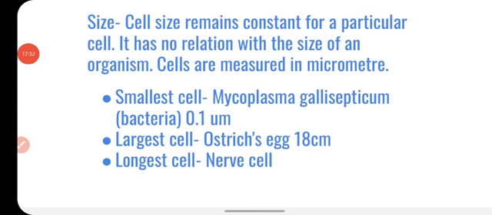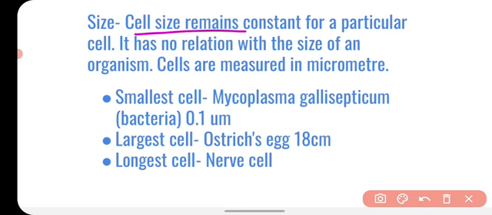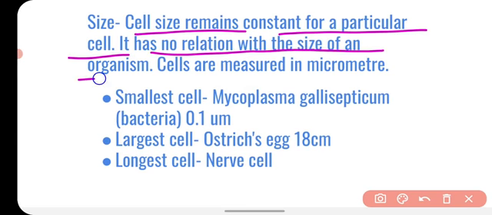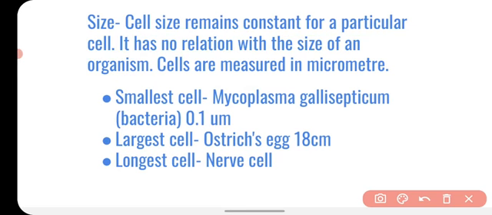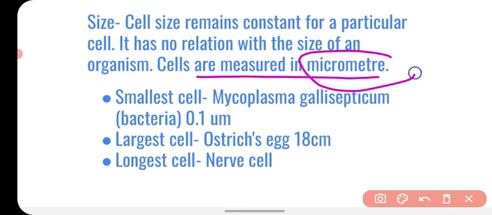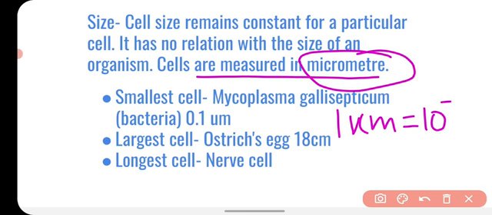And if we talk about the size of the cell, then size remains constant for a particular cell. It has no relation with the size of an organism, and cells are measured in the unit of micrometer. 1 micrometer is equal to 10 to the power minus 6 meter.